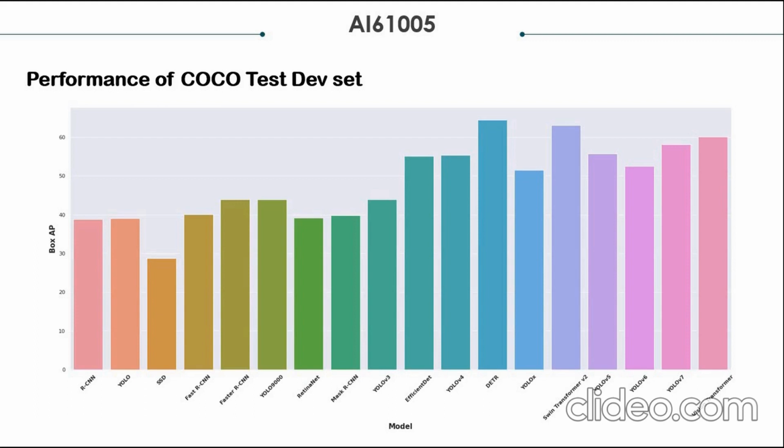AP is a popular metric in measuring the accuracy of object detectors like Faster RCNN, SSD, and YOLO 9000, etc. As you can see, the average precision of the DETR model is the highest. So generally, the DETR model is used for object detection.